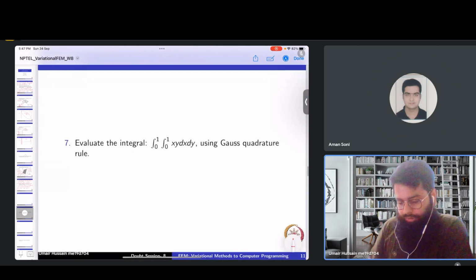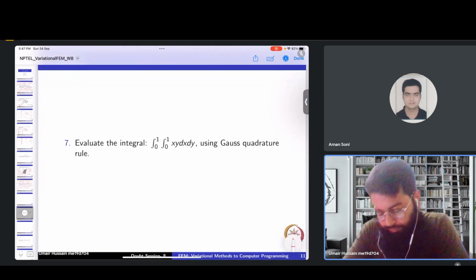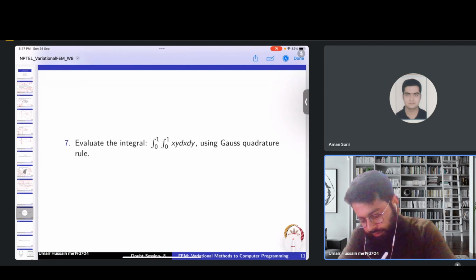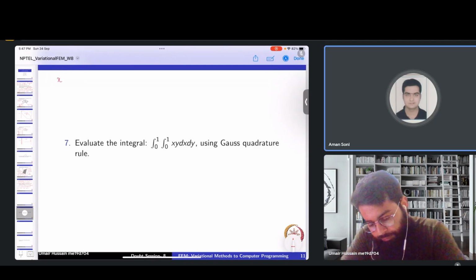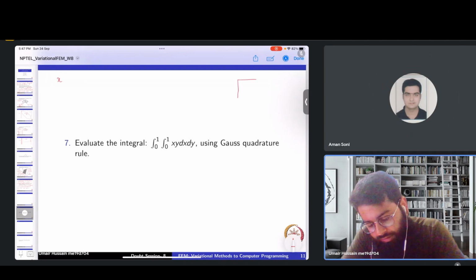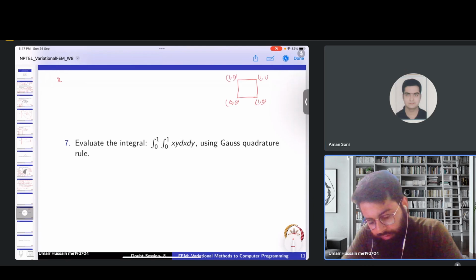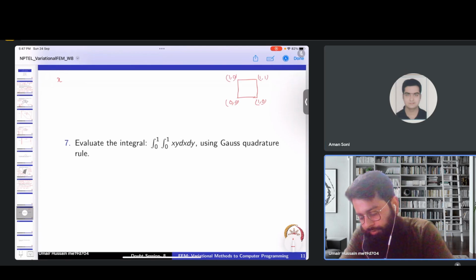Okay, now we can do some cross integration problem. So we have this 6y dx dy from 0 to 1, 0 to 1. So what we do is we should know the mapping. So basically what we have now is this domain, and we just need to know the mapping function, right?